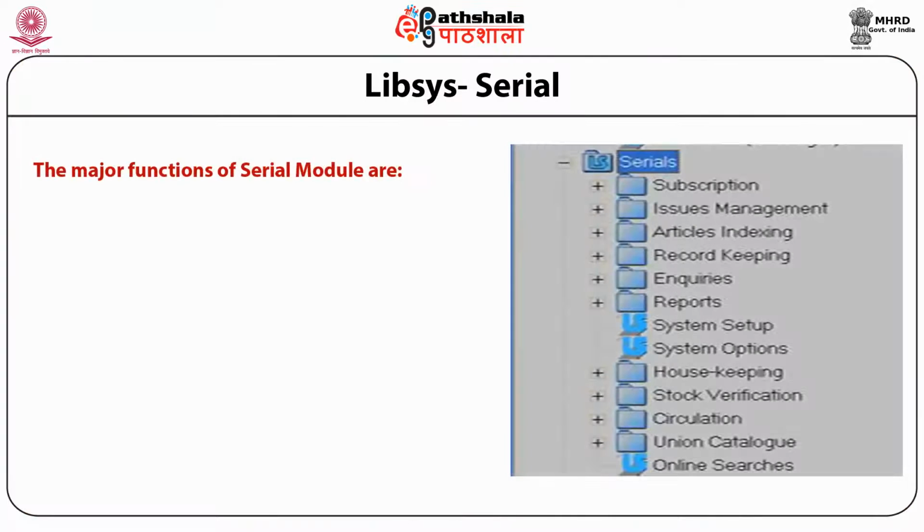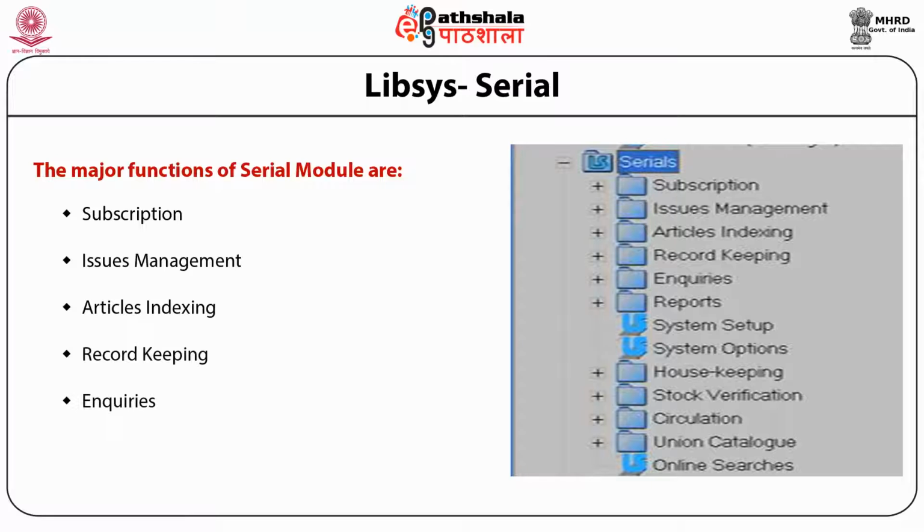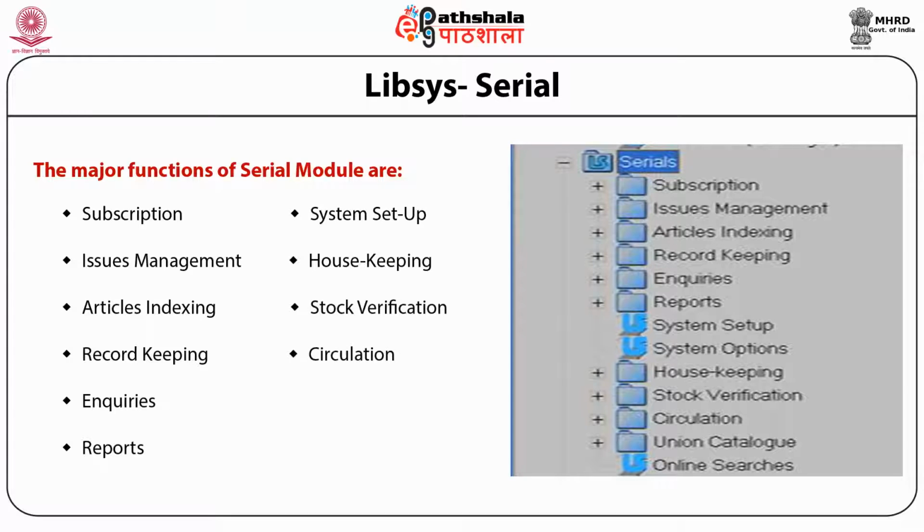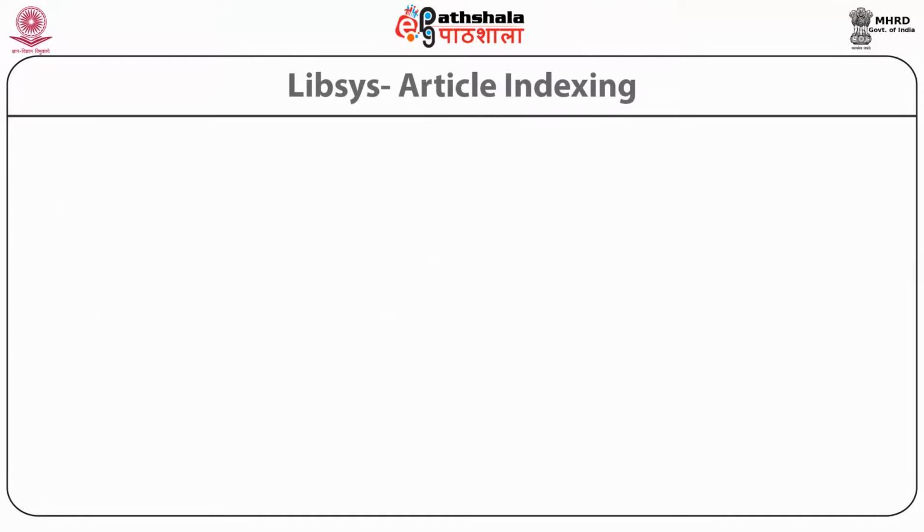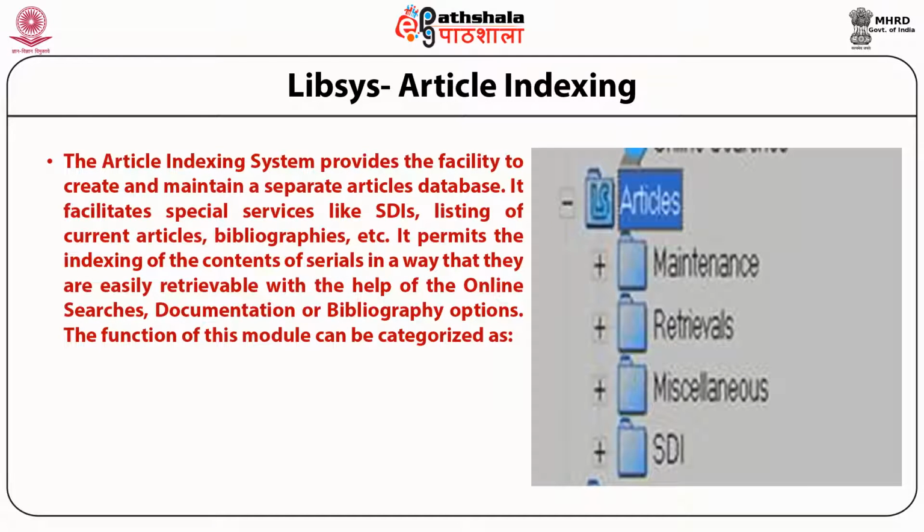The major functions of the serial module can be seen on the screen, which includes subscription, issue management, article indexing, record keeping, enquiries, reports, system setup, housekeeping, stock verification, circulation, union catalog, and online searches. The article indexing module of the Libsys provides the facility to create and maintain a separate articles database.